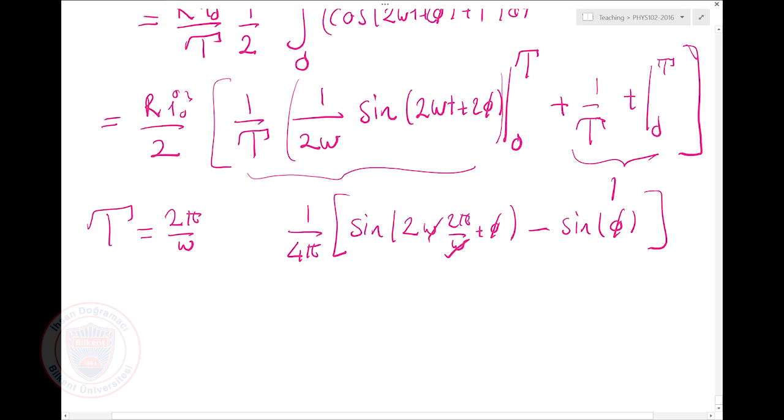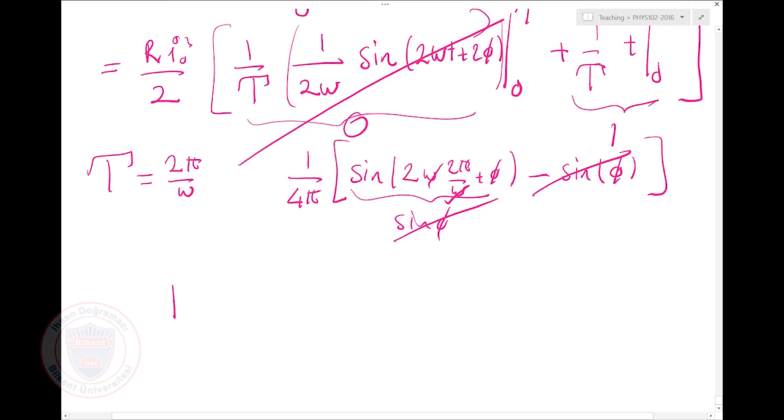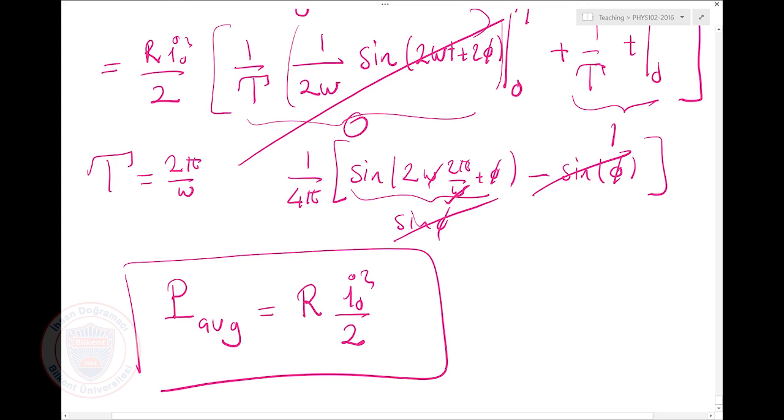Omegas cancel. What is the sine of phi plus 4 pi? It's again sine phi. So these two cancel. This whole term is 0. So apparently the average power is R times I0 squared divided by 2.